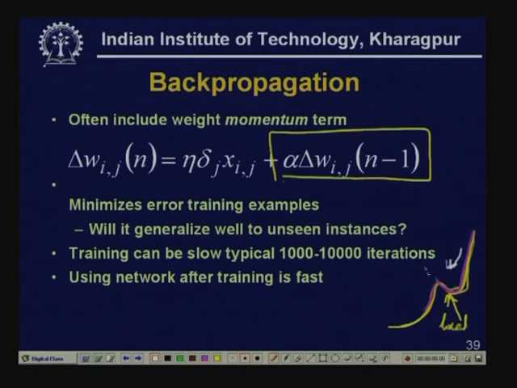So, we add to the new delta Wij value the value of the previous slope, so that our ball, or our weight vector, can escape from the local minimum. So, by using the momentum term, we can minimize the error in training examples.